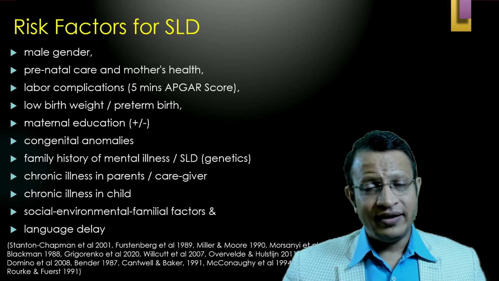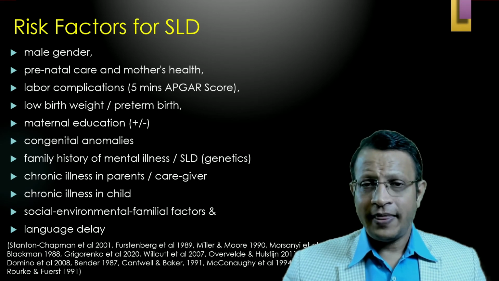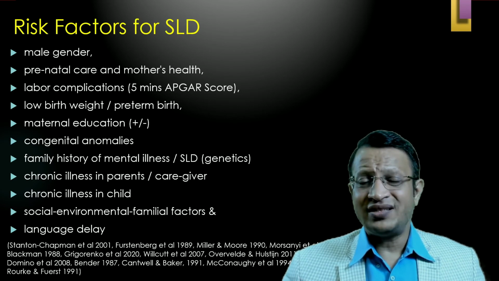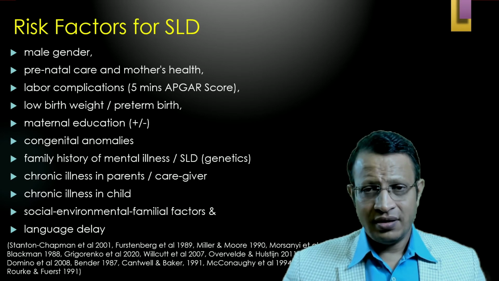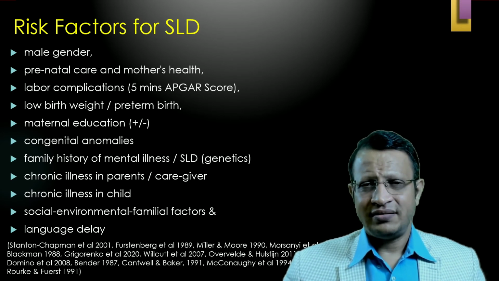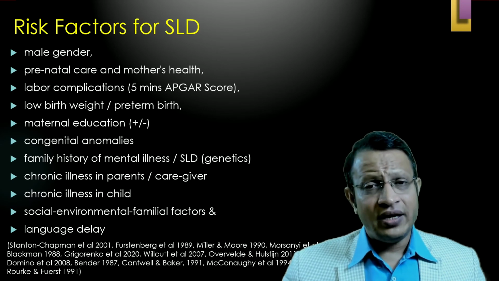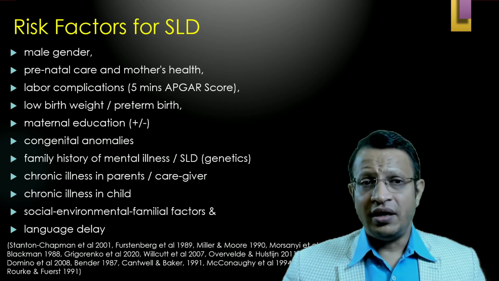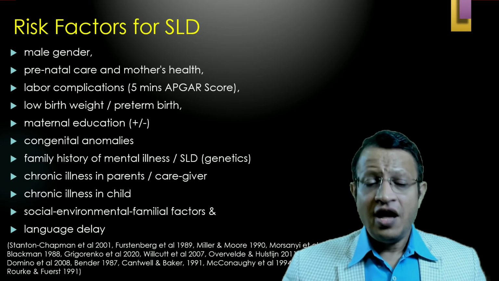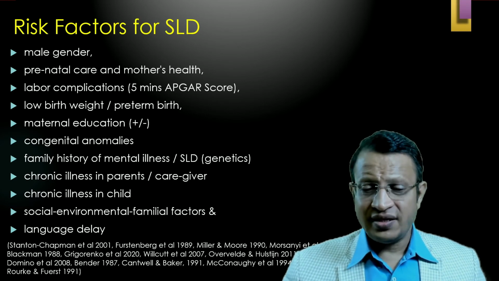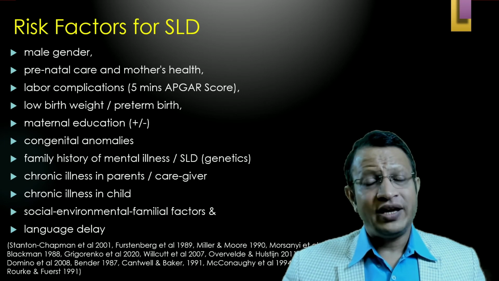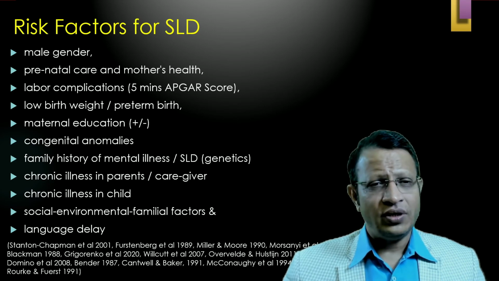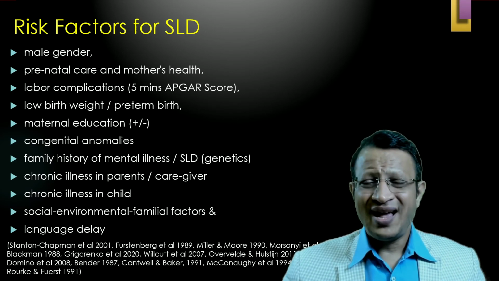If there was no antenatal care, poor natal care, poor mother's nutrition, a labor complication, that means during childbirth if the child has asphyxia, or else the Apgar score is very low, less than 5, that means the child is having some brain damage, low birth weight, preterm birth, maternal education, congenital anomalies, family history of mental illness, family history of SLD, that means genetics also play a role, chronic illness in parents or caregiver, chronic illness in childhood, socio-environmental and familial factors, and language delay.